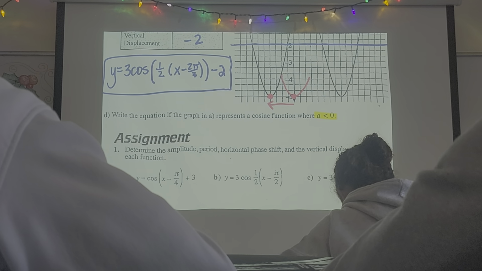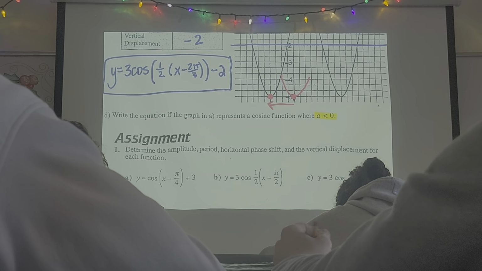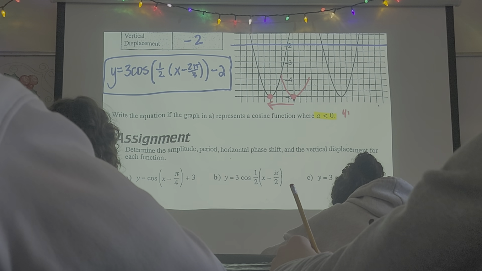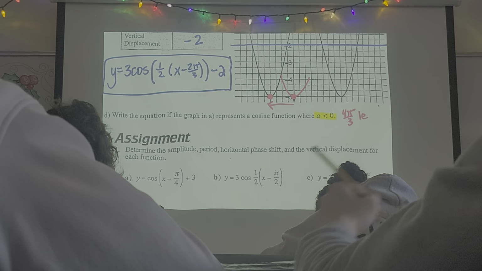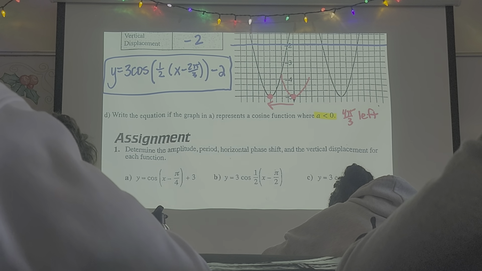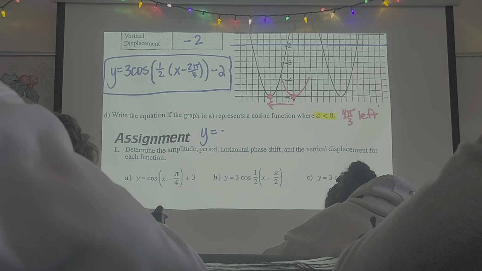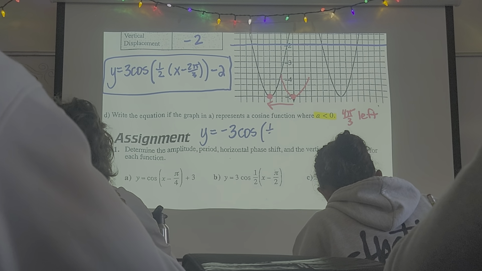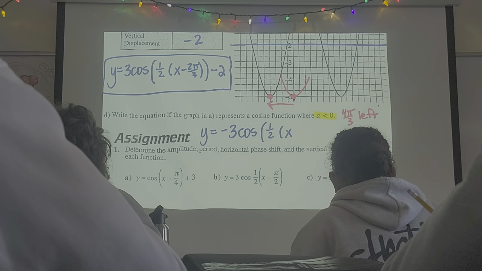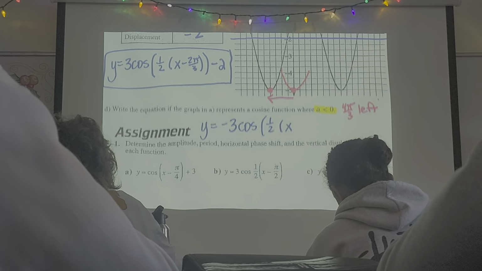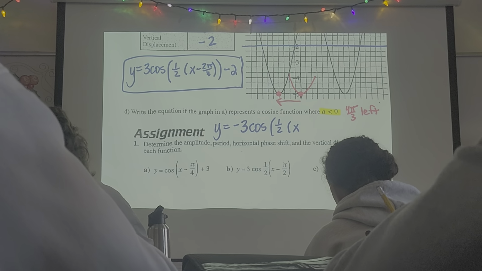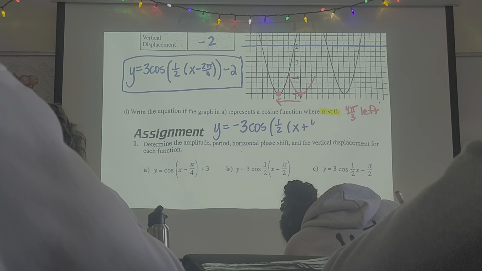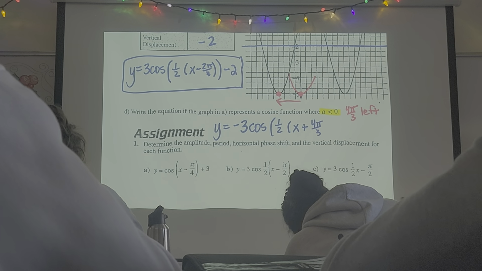How much did it move? 1, 2, 3, 4 pi over 3 left. So y is negative 3 cosine half x plus 4 pi over 3, take away 2.